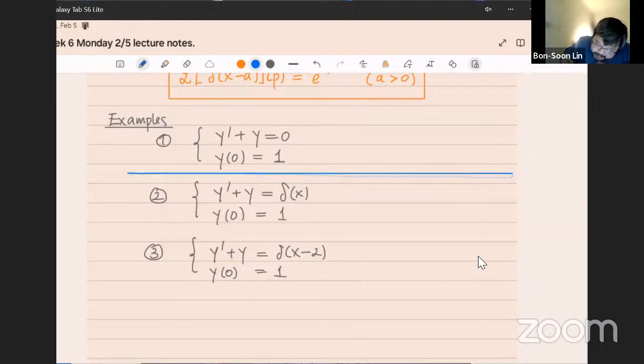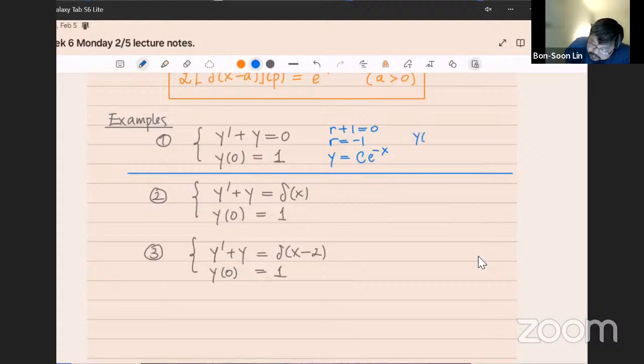So the first case, all right, this one is easy, right? This one we could have done by either exam 1 or exam 2, but by the technology of exam 2, we write down the auxiliary equation, r plus 1 equal to 0, so r is equal to -1. So we know that the solution, because it's homogeneous, is of the form c e to the minus x, right?